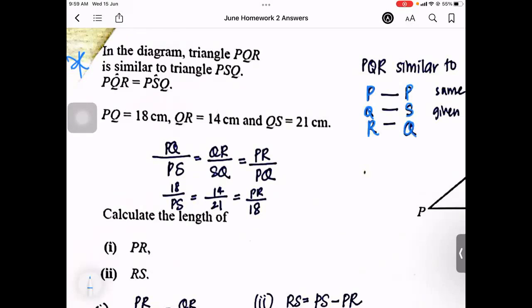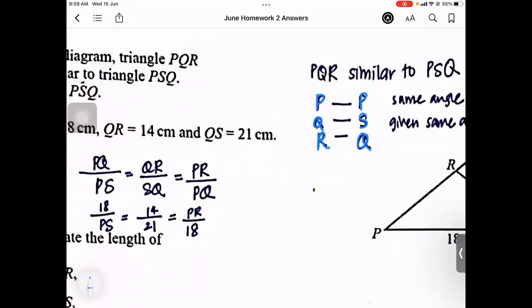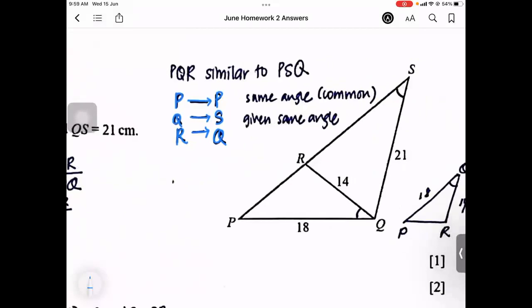It's always labeled according to the matching angle. So you must match PQR with PSQ. That means angle P must match with P, Q with S, R with Q. Not very sure? Let's look at our diagram.